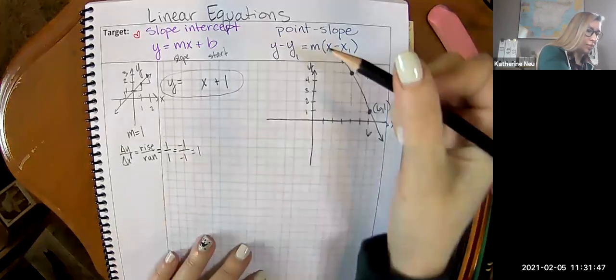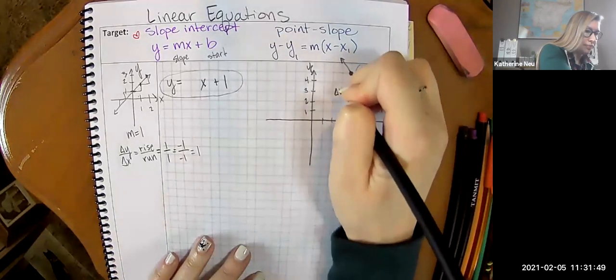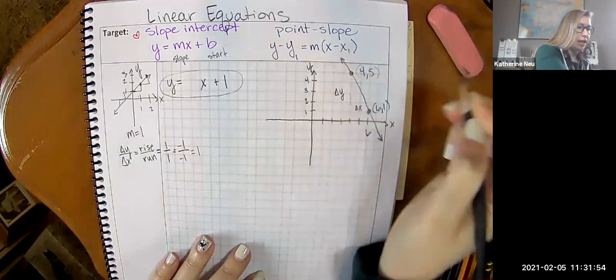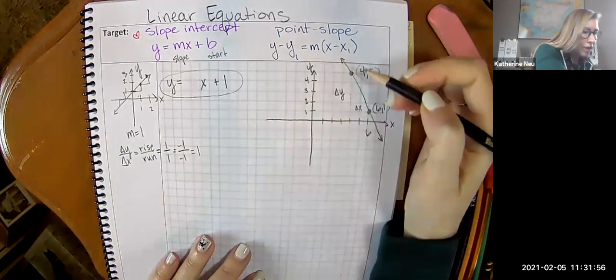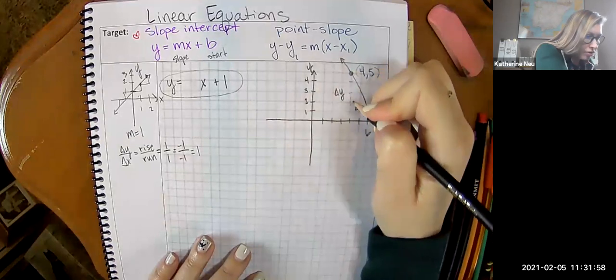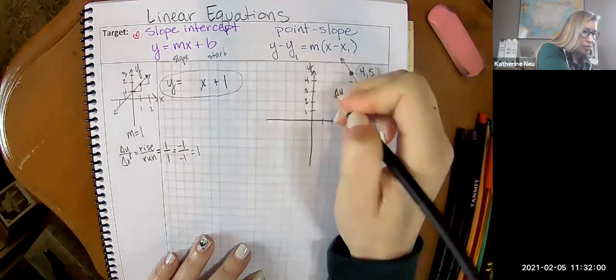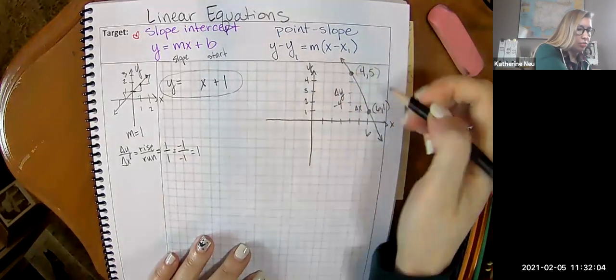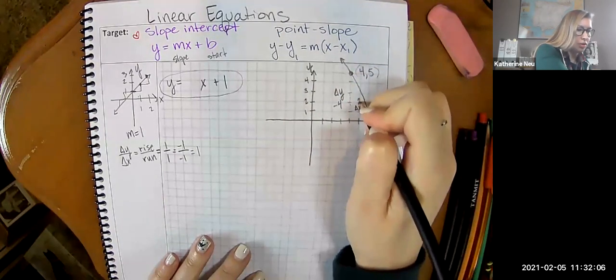So let's just find slope. So the change in y over the change in x. From this point to this point, I went down 1, 2, 3, 4. I'm going -4. And then I went over 1, 2, positive 2. All right.